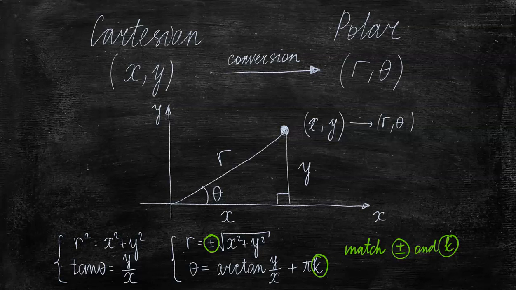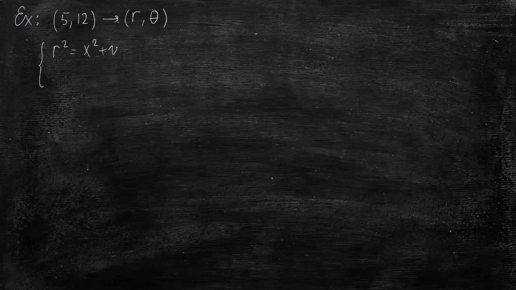So let's do a couple examples here to see how it all works out. Let's do an easy example first. So let's convert the point with Cartesian coordinates 5 and 12 into polar coordinates r and theta. To do that, we're going to set up the following equations, as we discussed in the previous slide.